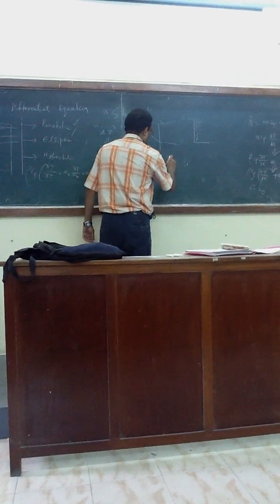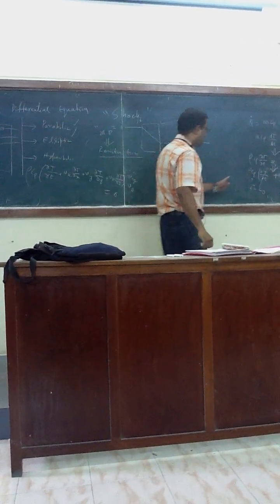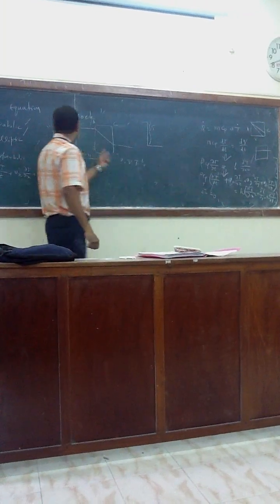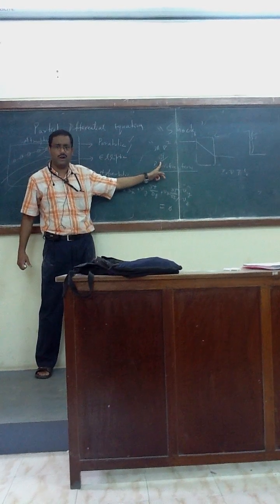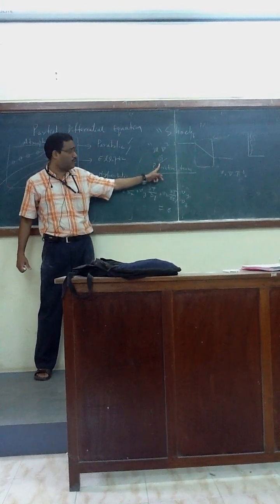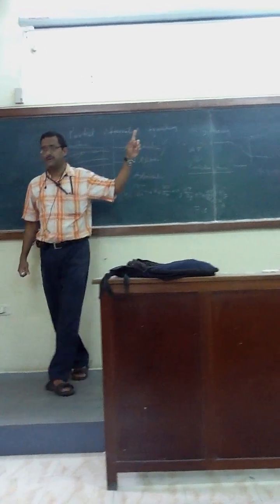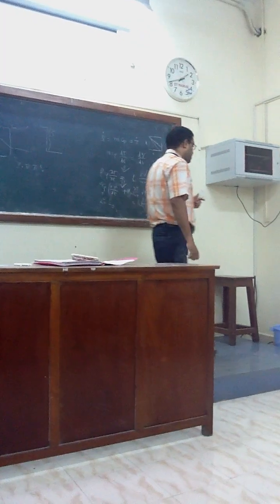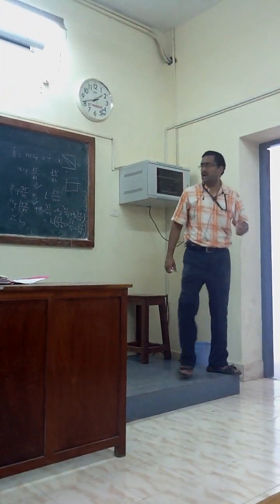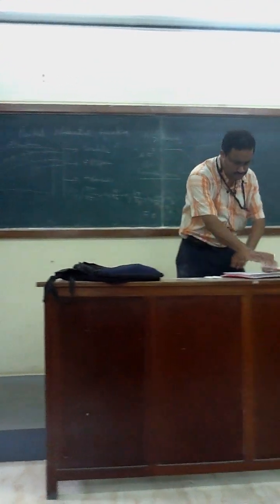If you have B bar dot del grad T, this kind of term, this is the advection term. So when you have the grad square term, for example, immediately you can say my system cannot be hyperbolic, either elliptic or parabolic. Okay? In that case, you see whether the time dependence is there. If time dependence is there, your system is parabolic. If the time dependence is not there, the system is elliptic.